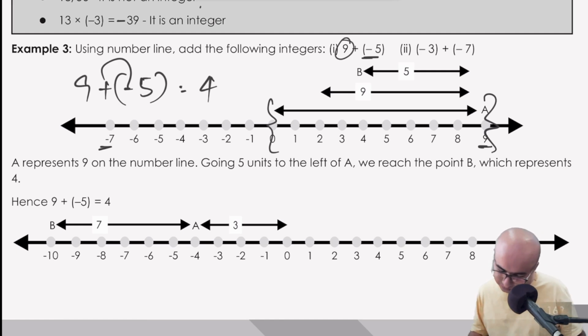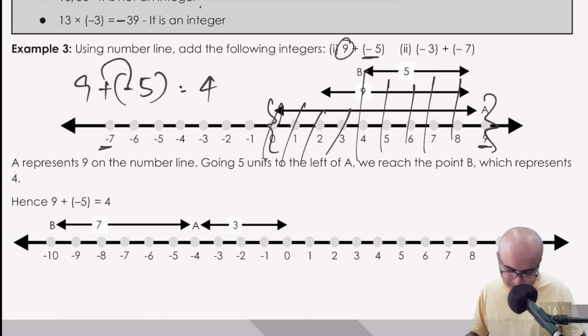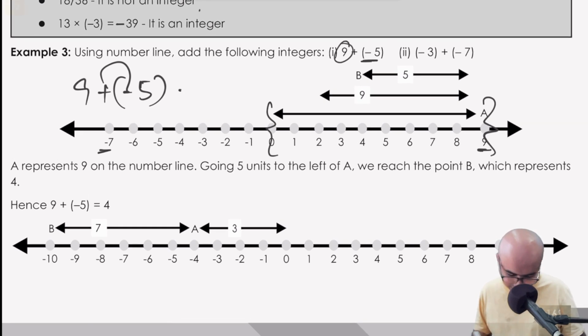For example, when you do that, how have they represented this? 1, 2, 3, 4, 5. Okay, what is left is 1, 2, 3, 4, like that. I don't think it's a proper representation, but anyway. Okay, let me just read whatever they have written here. A represents 9, okay, fine, on the number line.